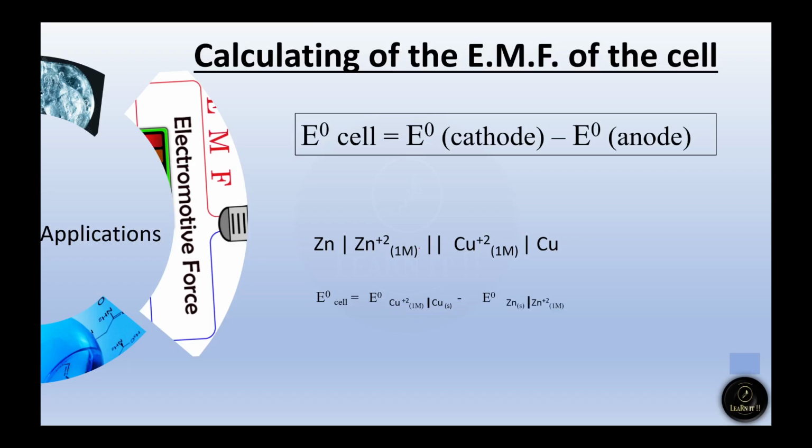Here copper acts as the cathode and zinc acts as the anode. So the standard reduction potential of the copper electrode is 0.34 volt minus the standard reduction potential of the zinc electrode, which is minus 0.76. That's why we get 1.1 volt.